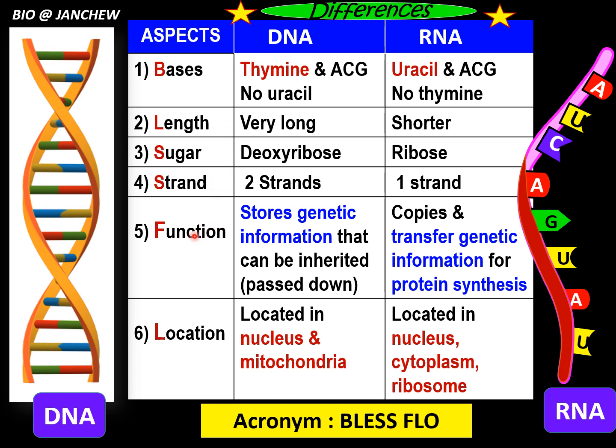And then FLO, F is for function, and LO is for location. So it's as simple as that. If you memorize this acronym and you are asked this question in the essay section or structured question section, then you can more easily recall the various aspects to explain.